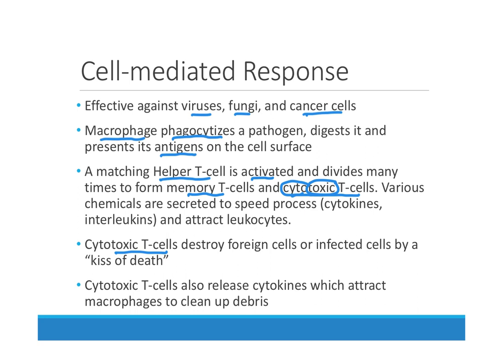And then because that's making a big mess, the cytotoxic T cells release the chemicals known as cytokines, which will cause the macrophages to come clean up the debris. So the macrophages are both a patrolling cell looking for pathogens and a cleanup cell, which can take all the bits and pieces of broken cells and digest them and get them out of your lymph or out of your plasma, wherever the macrophage happens to find it in your body.